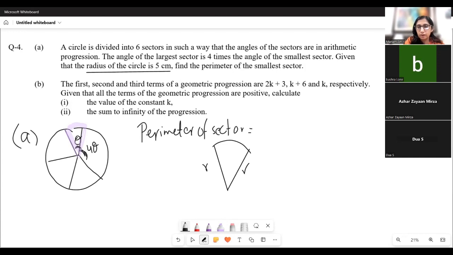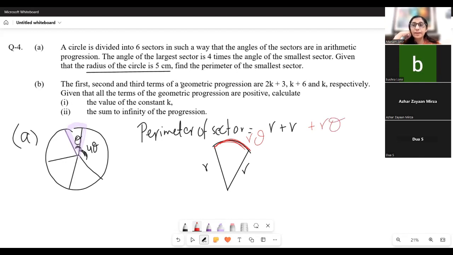R plus R plus, I haven't taught you this formula yet, but this would be the sum of R and R, 2R, and the length of arc is R theta in AS, but I haven't taught you that topic yet. So what I'll do right now, instead of using R theta, I'm going to write the formula for length of arc from O levels. Remember the formula?